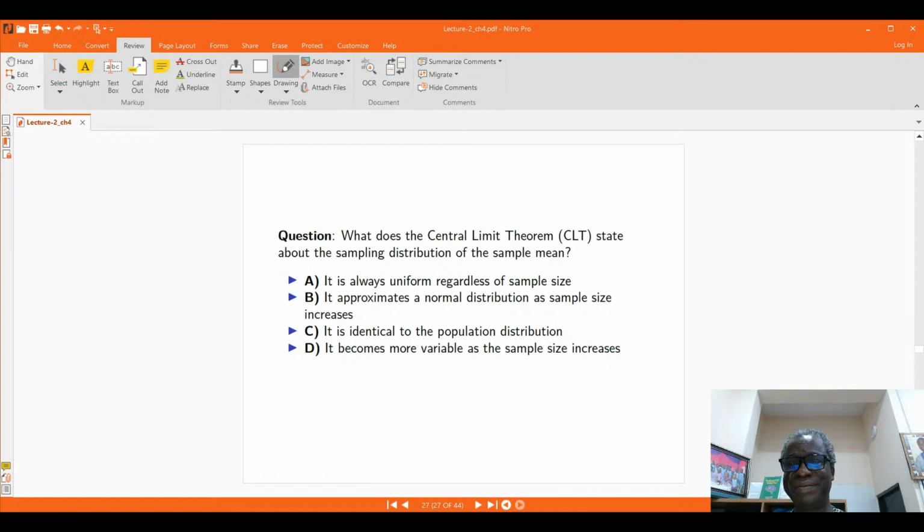Yeah, number two. Again, people are building consensus around B. Because of time, let's go to the answer.